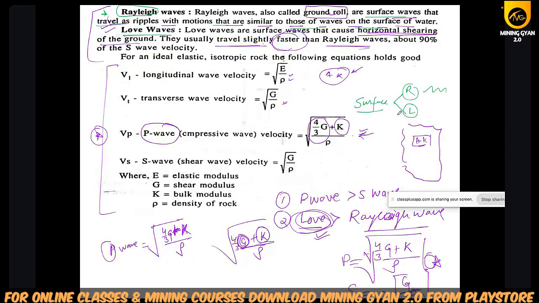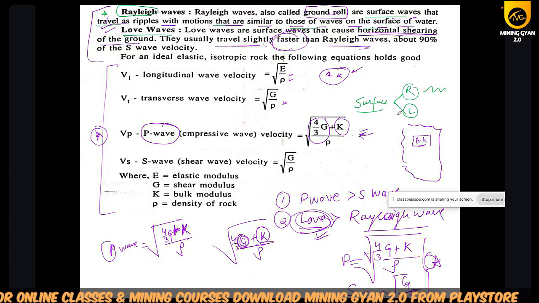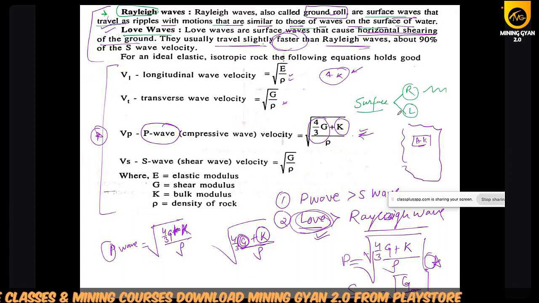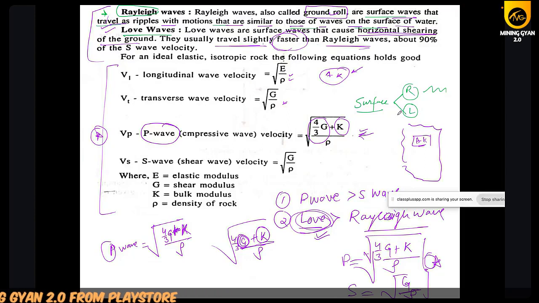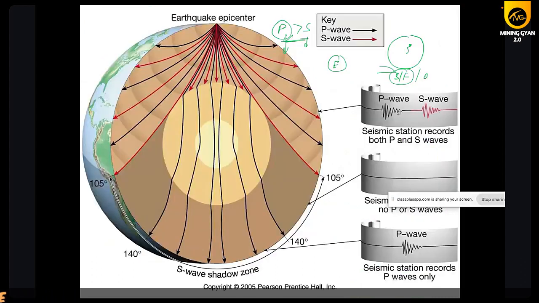So we had discussed that, and then we discussed the surface wave. Surface wave is further divided into two types: Rayleigh wave and Love wave. Which is faster, Rayleigh wave or Love wave? Love wave is faster than the Rayleigh wave. You should know the basic things about the Rayleigh wave and Love wave.